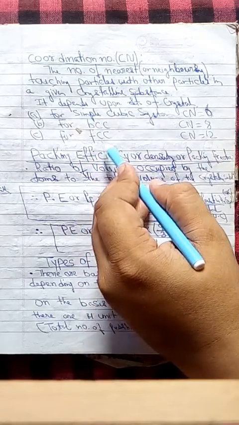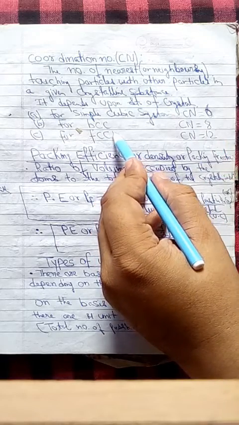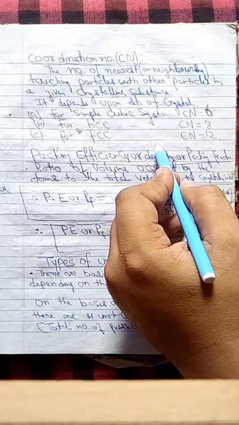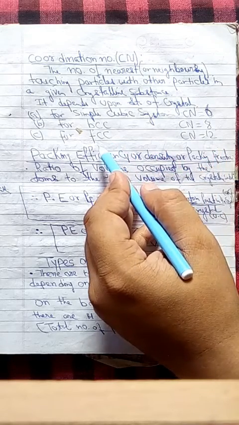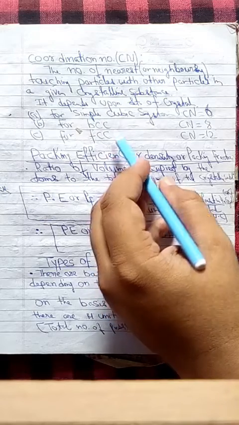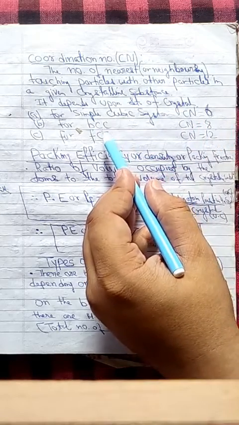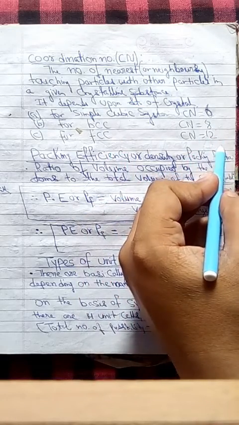Same way in BCC, body centered cubic crystal, the coordination number is 8, and for face centered cubic crystal the coordination number is 12. So you need to remember it. It can be asked in multiple choice or one word questions even in the examination. For simple cubic crystal, coordination number will be 6. For BCC, it will be 8. For FCC, it will be 12.